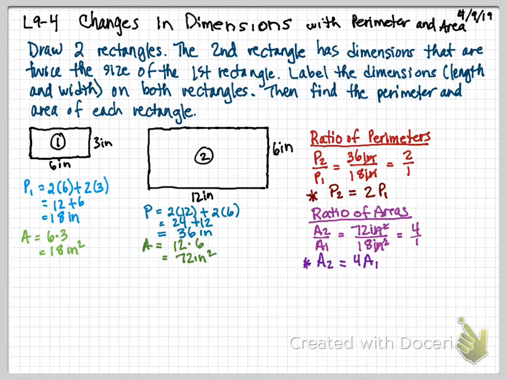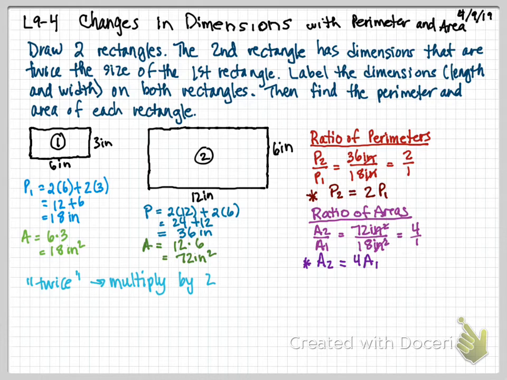Okay, so I'm going to write down a couple of things just as reminders. If I hear the word twice, because you'll hear that the dimensions are twice the size, that means that we multiply by 2. Okay.